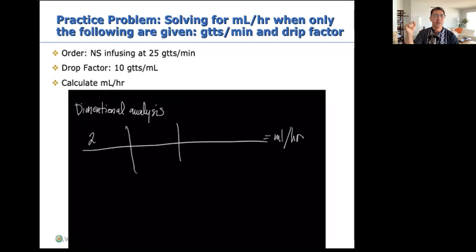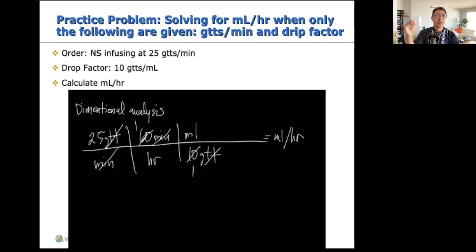And that's infusing at 25 drips per minute. There's my setup, 25 drips per minute. I have to convert this into hours, so I need to multiply it by 60 minutes over 1 hour, and 1 mL per 10 drips. That's my drop factor. I did some reduction there, it's supposed to be 6.